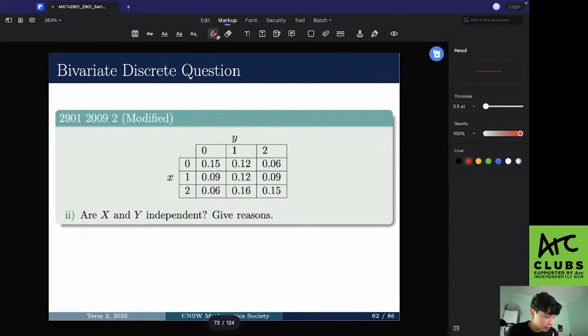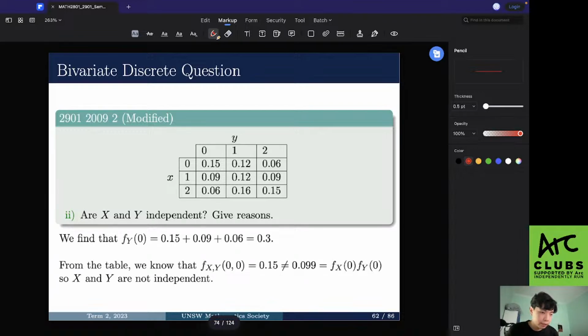Now we have the test, are x and y independent? Well, how do we find this out? An easy way for discrete is just finding any value where if you multiply the probabilities together, they are not equal to the probability on the table. So what we can do is find our marginal zero value for y, right? We just add up everything in the column, and that gets us the probability that y is equal to 0, which is 0.3.